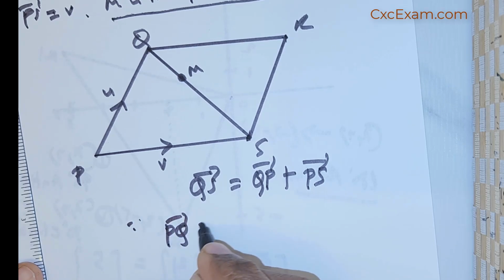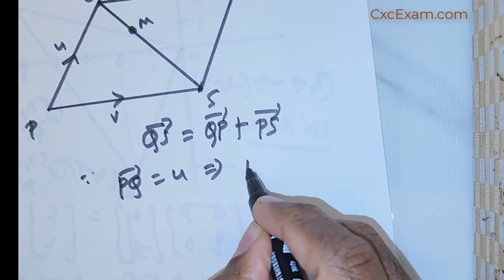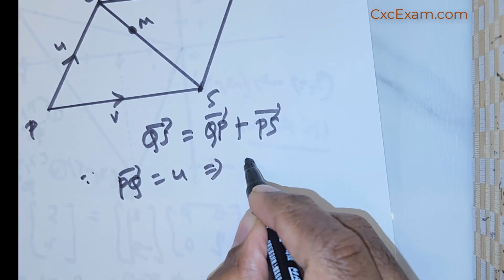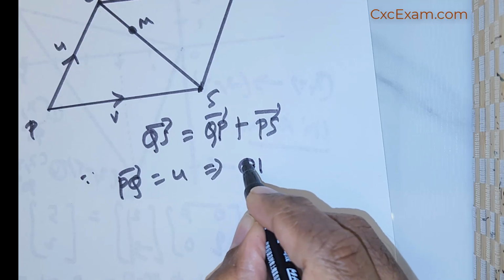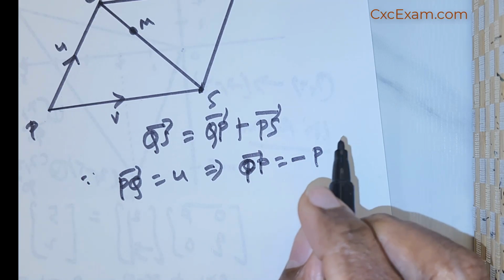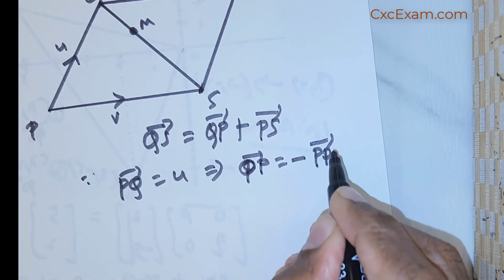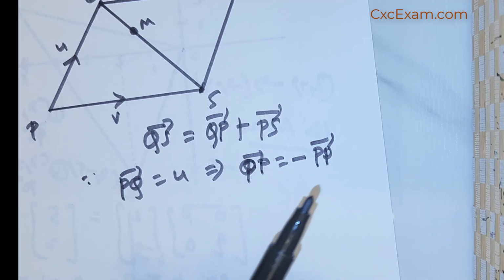But PQ vector is equal to U. So this means my QP vector is going to be equal to negative of PQ vector, because of the direction.